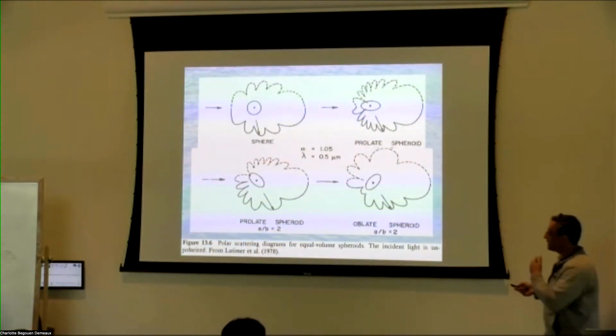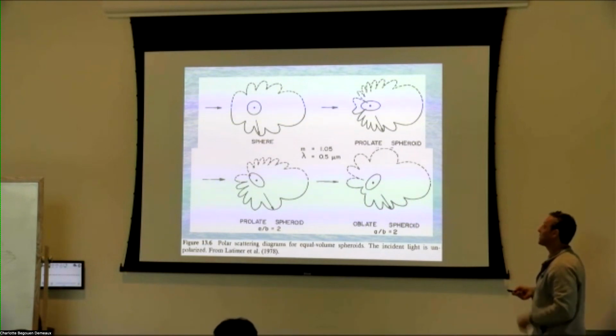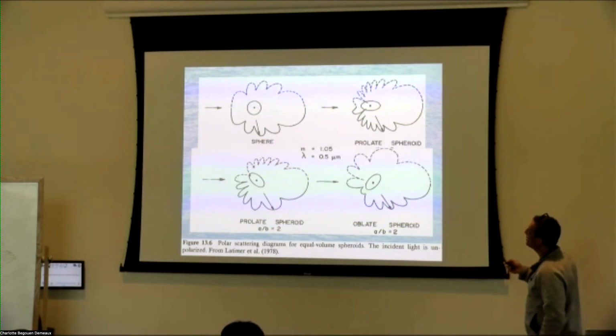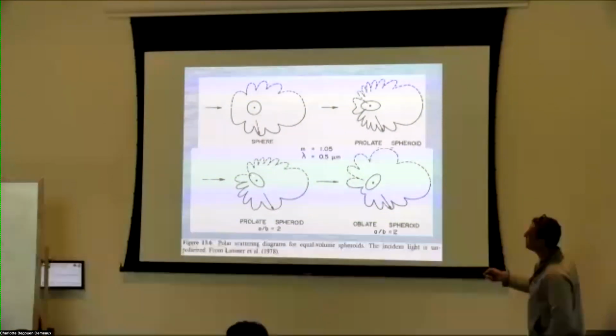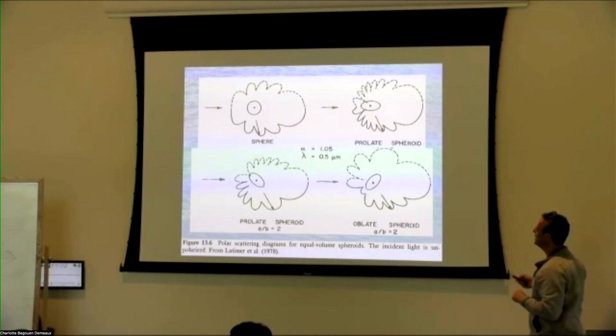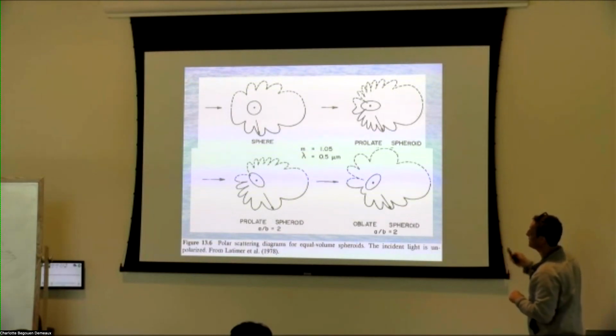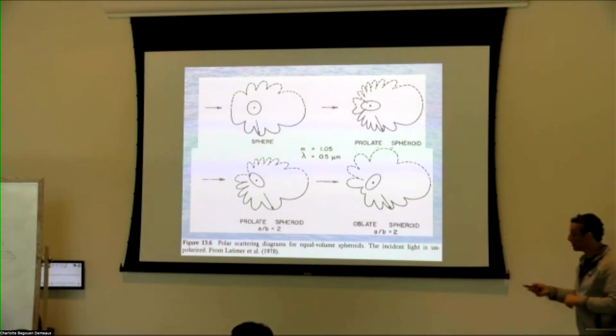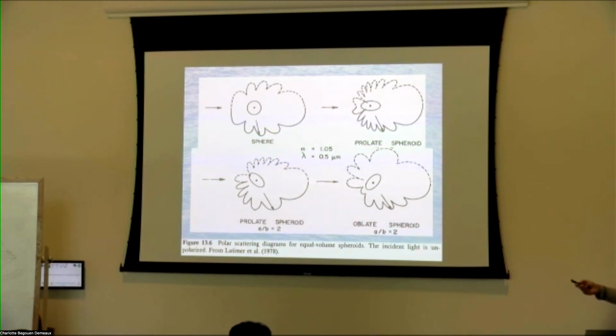And this is just an example from a paper by Latimer, but it's in Bohren and Huffman, as to why you're getting differences compared to a sphere, as the particle is oriented in different directions relative to the light. This is just with an axis ratio of 2 and a phytoplankton.